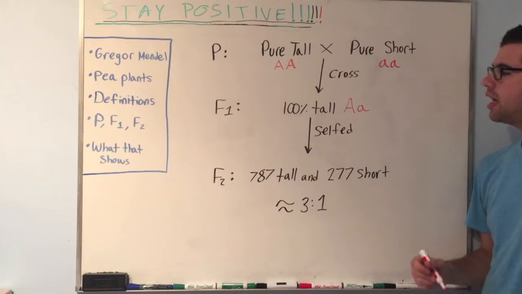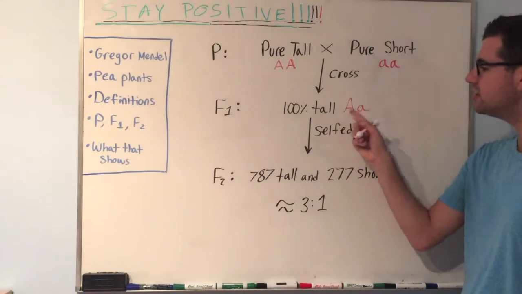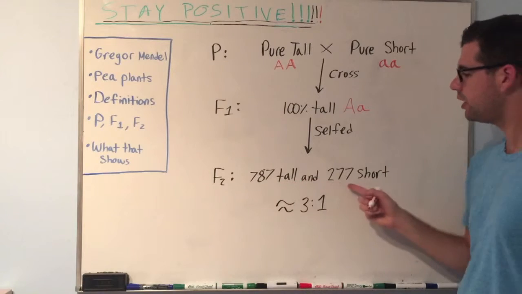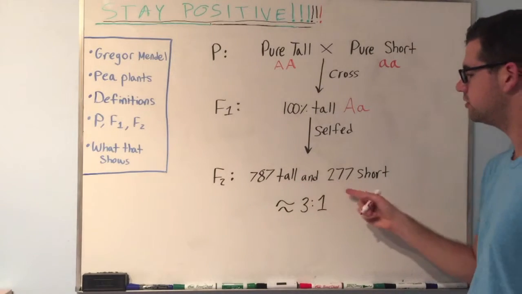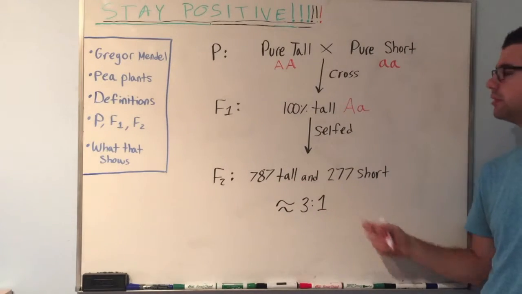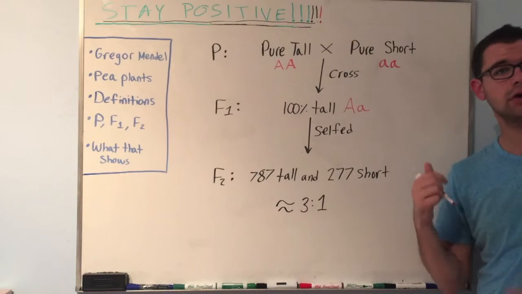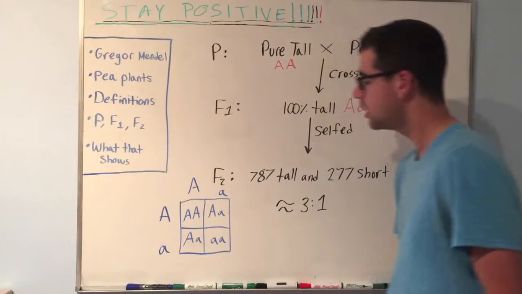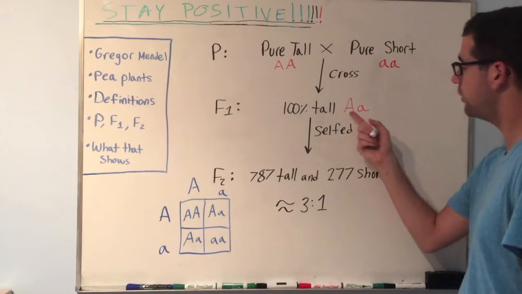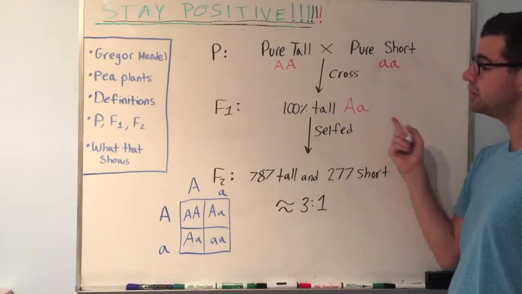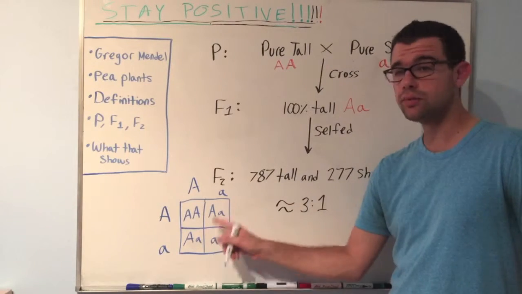Okay? And finally, when we self-cross these, we get a 3-to-1 ratio of dominant to recessive phenotype. So let's take a look at what a cross of a heterozygote would look like, also called a monohybrid cross. If we were to look at a Punnett square showing the cross between big A, little a, and big A, little a, look at the ratios we get.